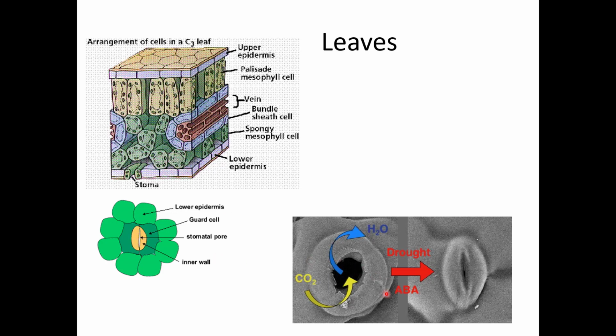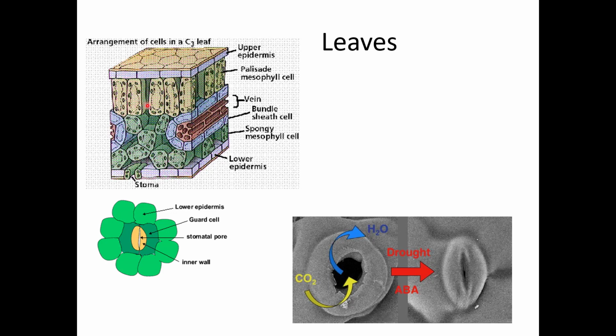Those guard cells can fill full of water and swell up and open, and that opens up the stomatal pore, allowing for gas exchange and for water to evaporate out. Typically at night or during a drought, those pores will close. The guard cells lose their water, and the stomatal pore will close. So stomata can open or they can close, and they're involved in gas exchange. We can see that here in the lower epidermis of this leaf.